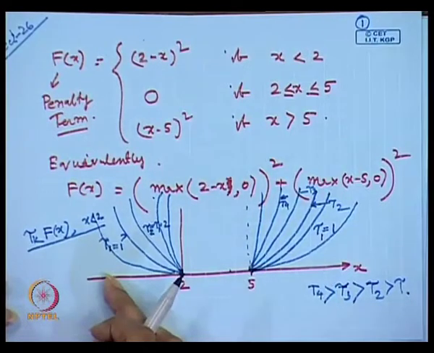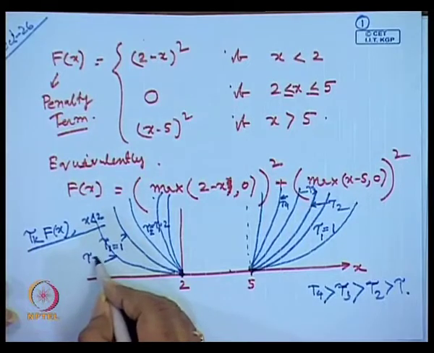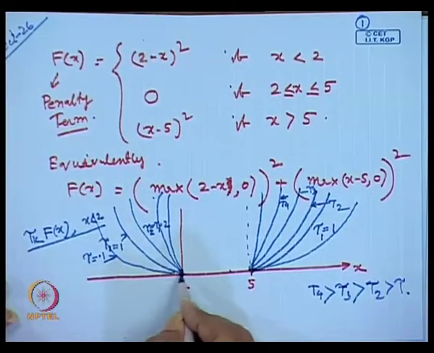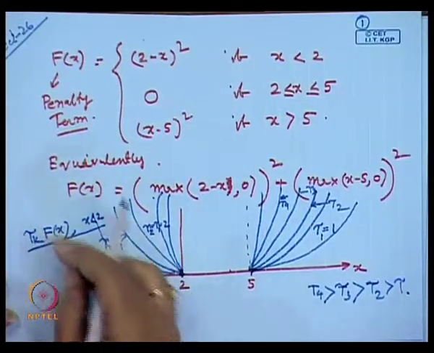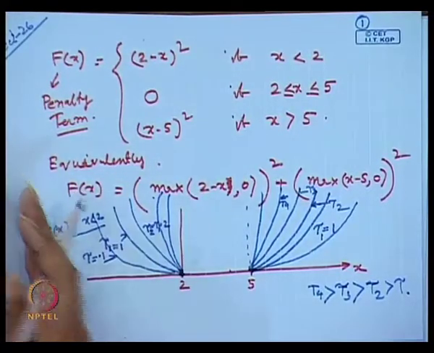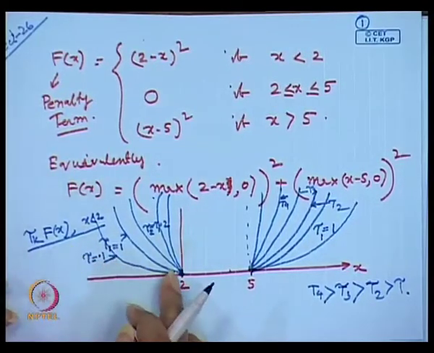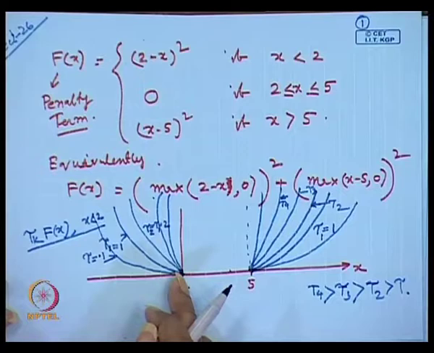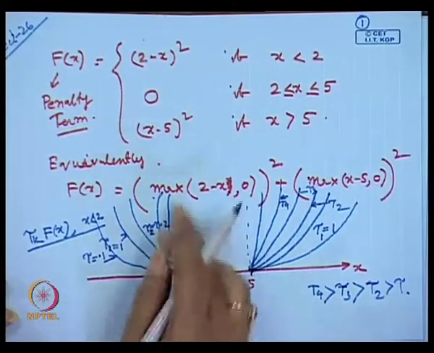Similarly, when tau is, say, 0.1 we are away from the feasible region, and as we increase the tau value, we approach the boundaries of the feasible region.